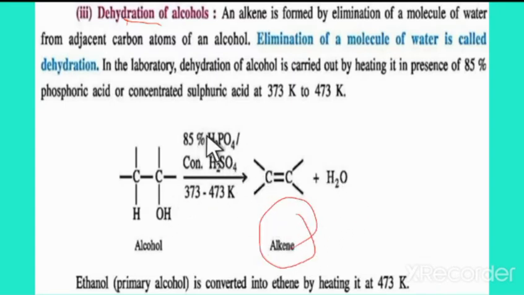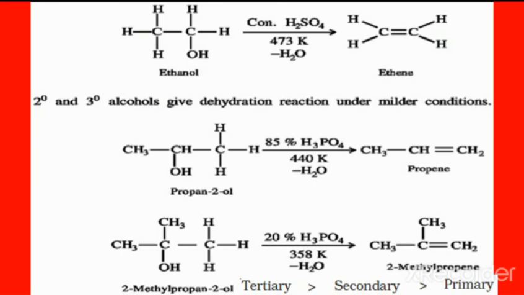Either 85% phosphoric acid or concentrated sulfuric acid at the temperature range of 373 to 473 Kelvin can be used. Since a water molecule is removed, this reaction is known as a dehydration reaction.